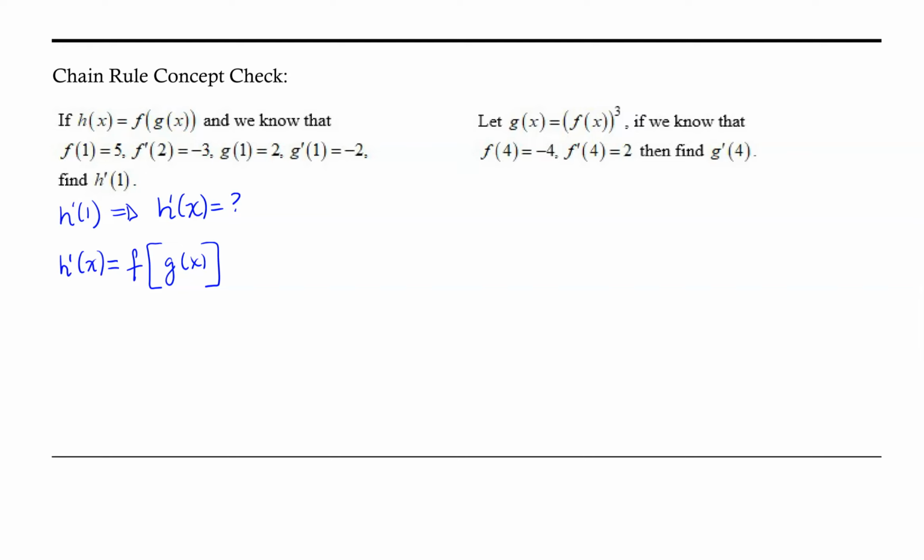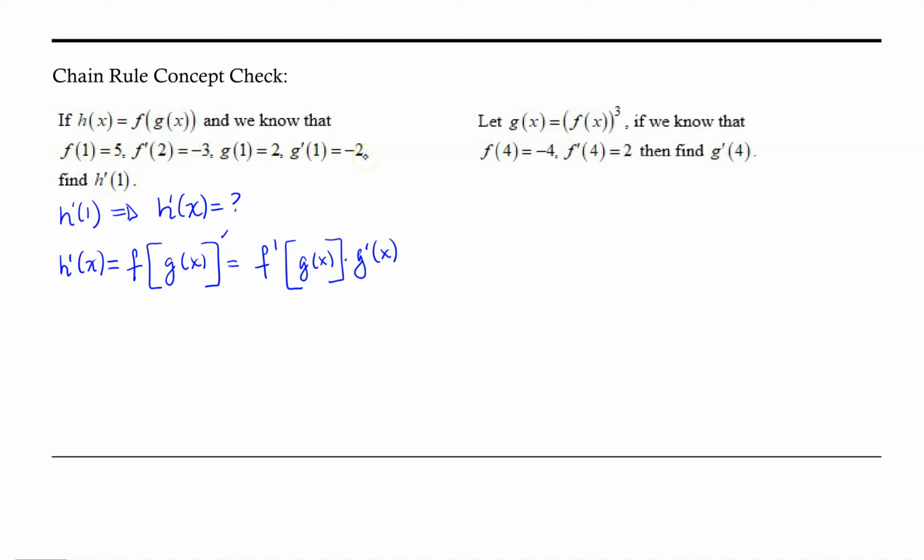So we're wanting to find that derivative. So that's going to be equal to the derivative of f, where we keep our argument the same, times the derivative of our argument.